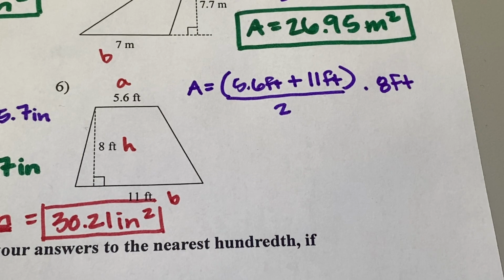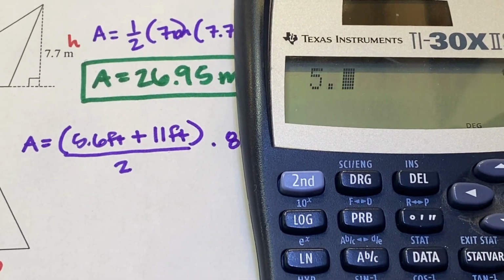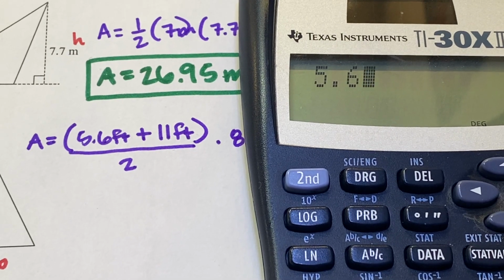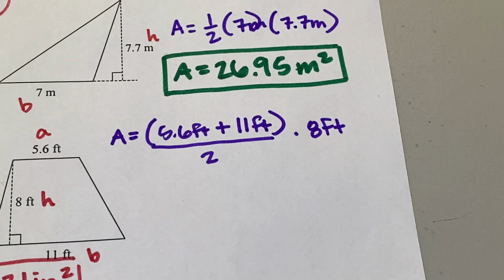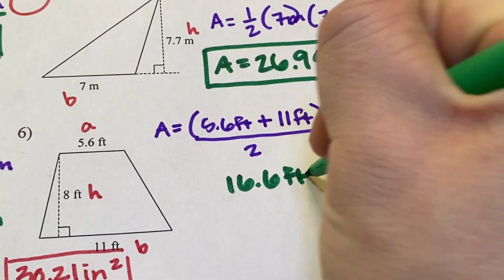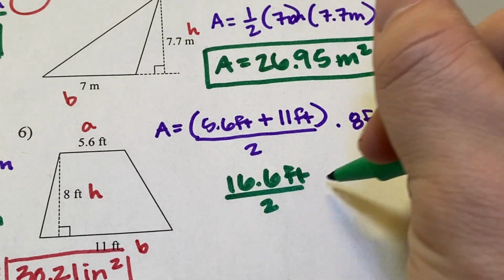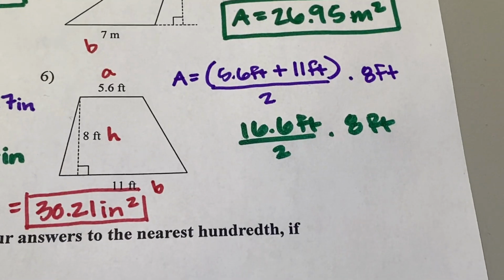Let's figure out what's inside my parentheses first. I have 5.6 plus 11. We're adding those. So on top I now have 16.6 feet divided by 2. Then I'll multiply by my 8 very last.